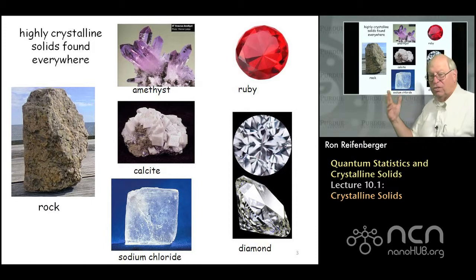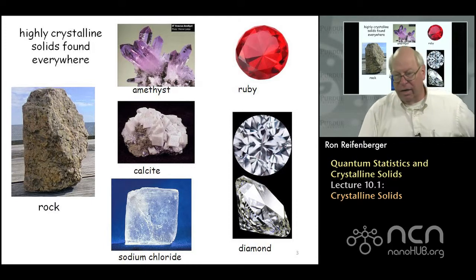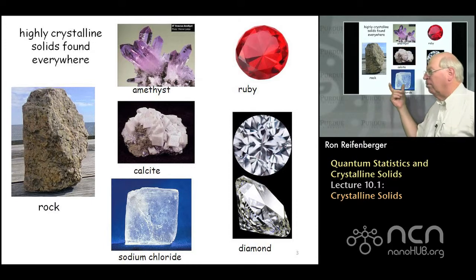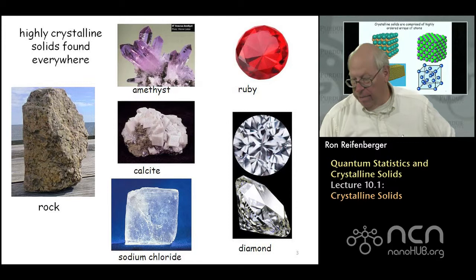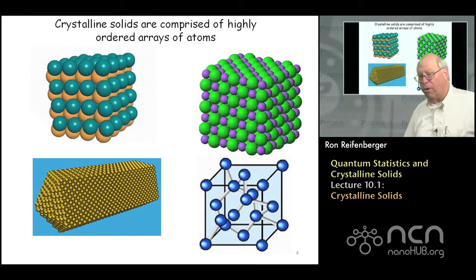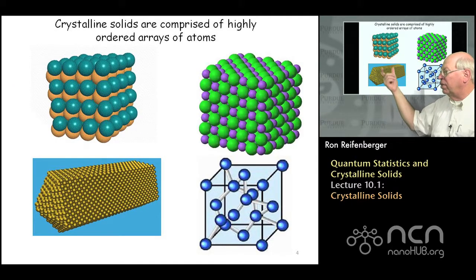So these crystalline solids are found everywhere, and the general feature of these crystalline solids is that they're characterized by atoms that occupy ordered arrays. Just to make that point, you'll see pictures like this all over the web, where these balls represent the different atoms that condense into these crystalline phases of matter.